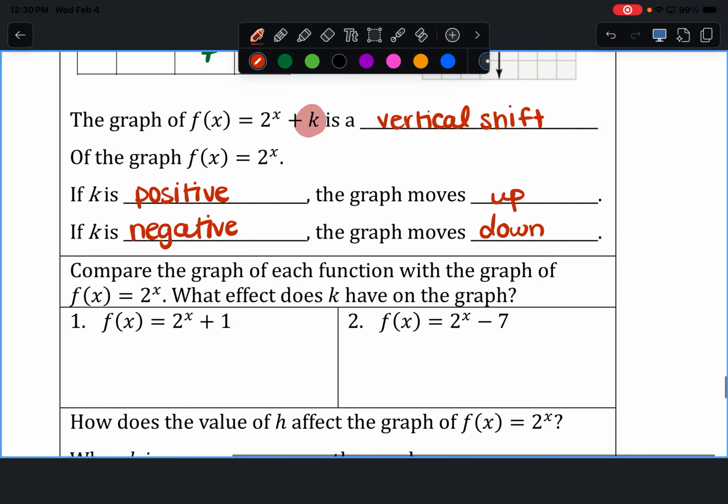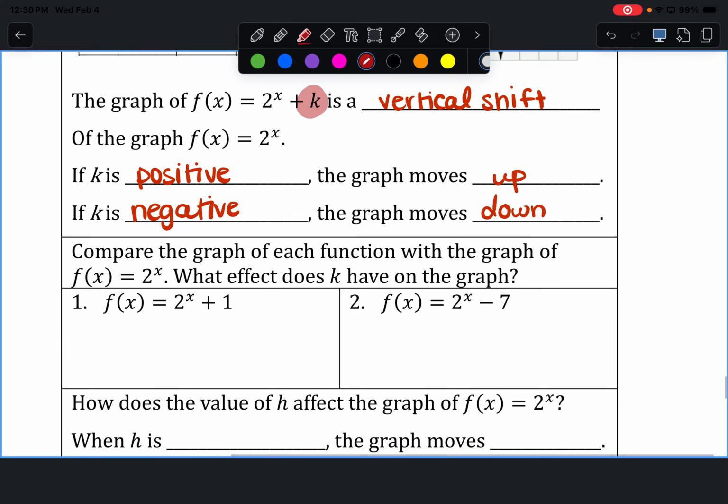Okay? So for number 1, we have 2 to the power of x plus 1. What does that plus 1 cause to happen? Up 1. It's outside of our function, so it goes up 1. Now, for number 2, what does the minus 7 cause to happen? So that is all we are looking for when we see a shift.